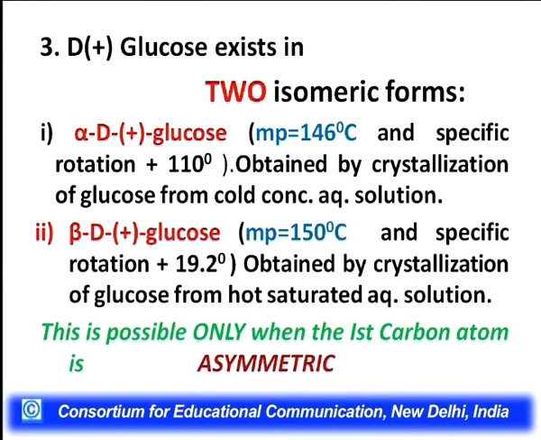In this case, D-glucose exists in two isomeric forms. One is alpha-D-glucose, whose melting point is 146 degrees and specific rotation is 112 degrees. This can be obtained by crystallization from cold concentrated aqueous solution.